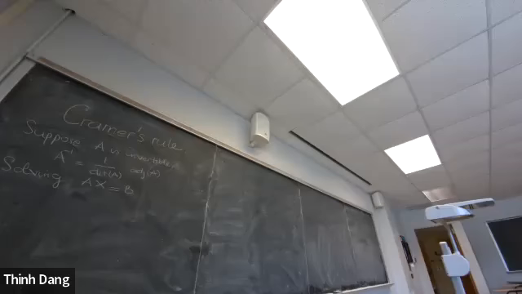Remember, if the coefficient matrix A is invertible, in order to find the variable x, all you need to do is multiply both sides by the inverse of A on the left.